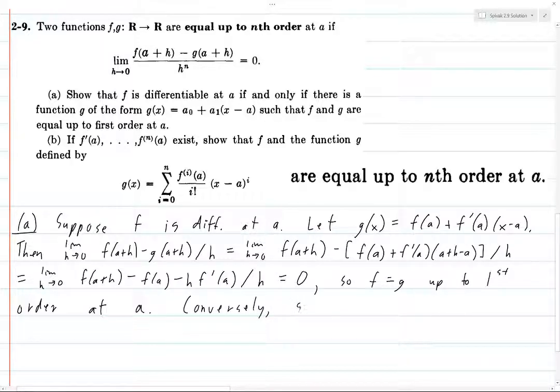Okay, so conversely, suppose f equals g up to first order, where g of x equals a0 plus a1 of x minus a.